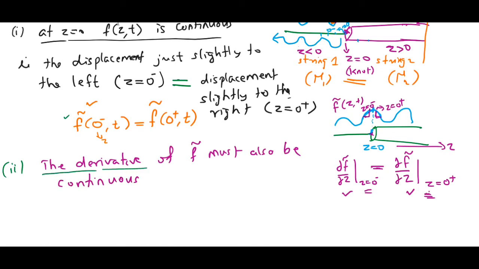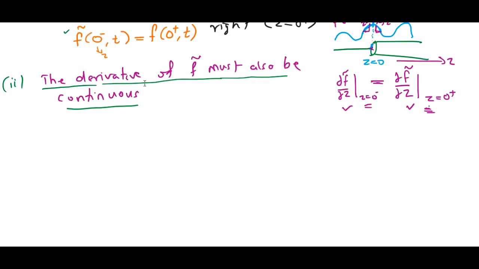Okay, that is the derivative of f wave function must be continuous. We will write this in equation form, that is dou f by dou z at z is equal to 0 minus equal to dou f by dou z at z is equal to 0 plus. This is our second boundary condition.